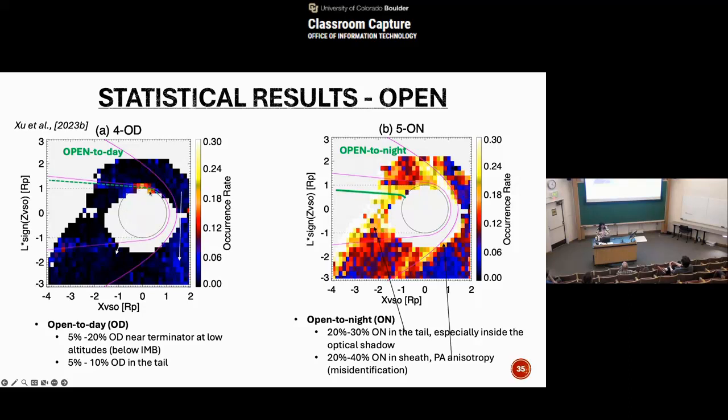We see the open field line occurs mostly in the terminator and also in the flank, where you expect this topology to happen. So that's how we were confident we are using the right tool to determine topology. And to the right is open field line connected to the night side. There are some misidentifications, but that's not the point.